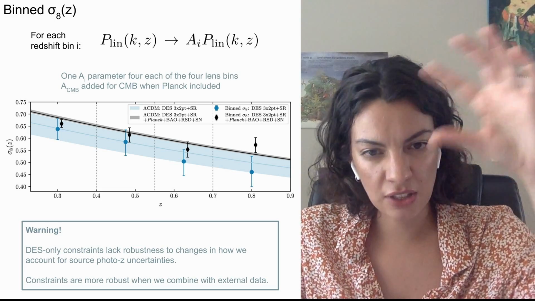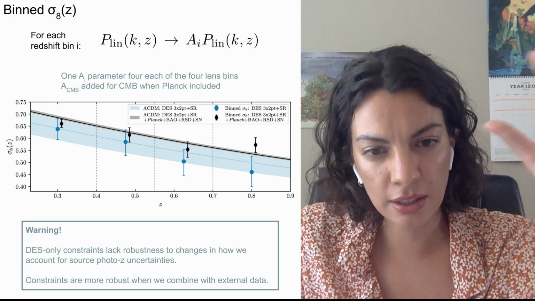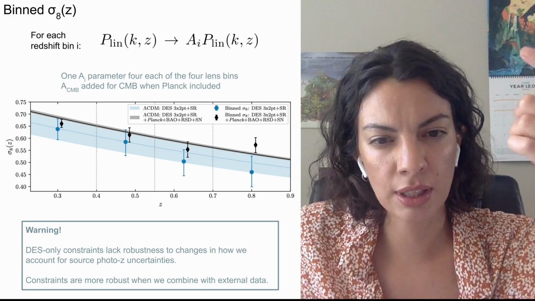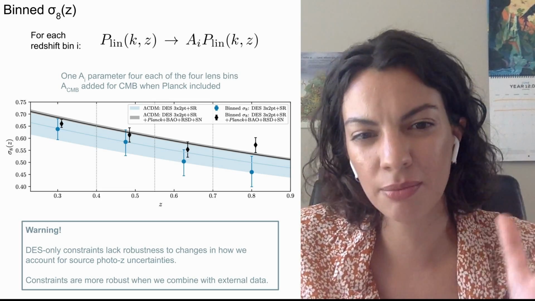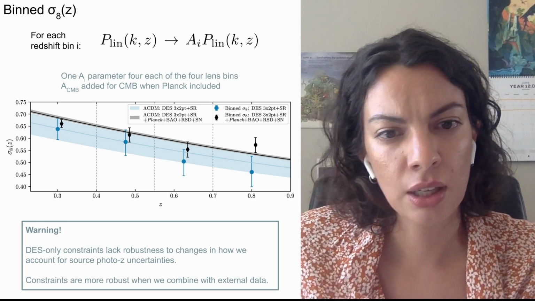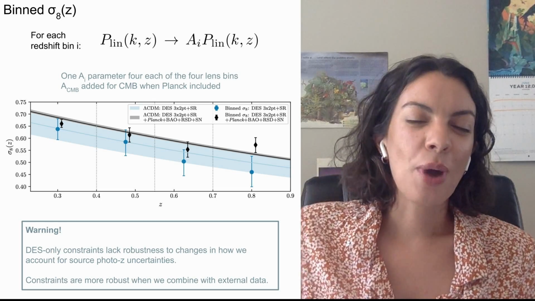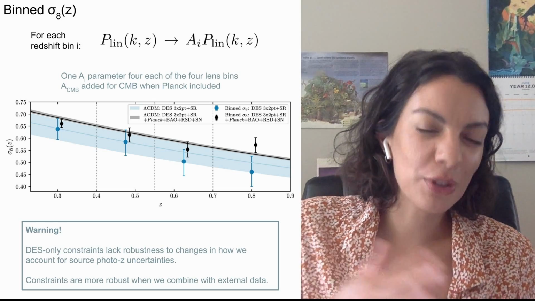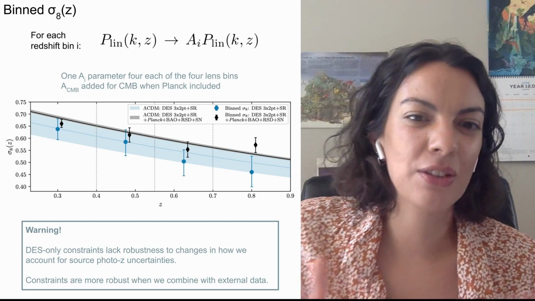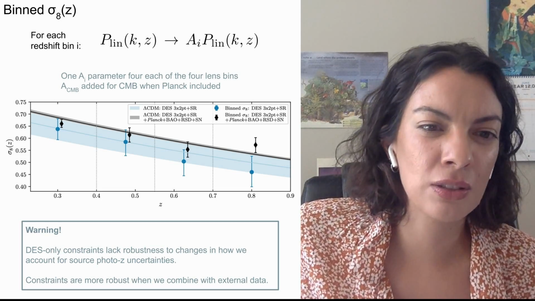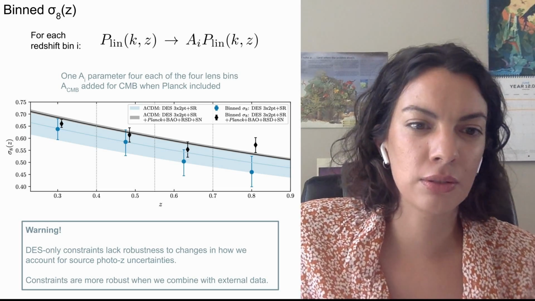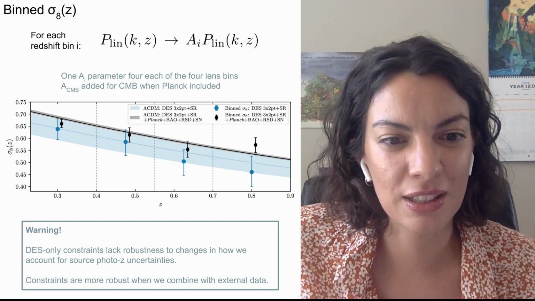Although at the highest redshift bin there seems to be a small deviation, nothing to be worried about, but still something maybe interesting to look at. One important thing is the way we model our uncertainties on the photometric redshift will impact the results on sigma 8 in redshift bins.